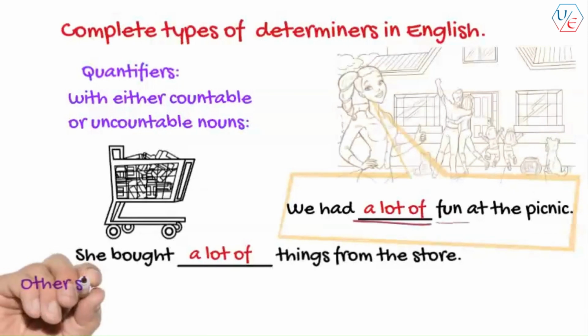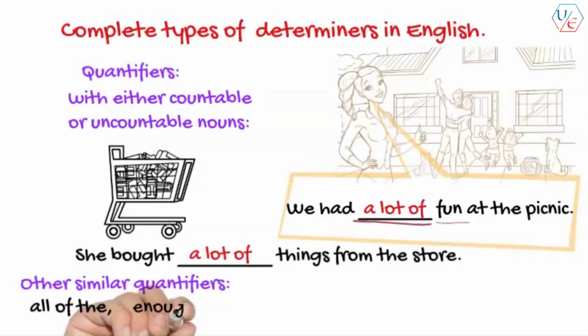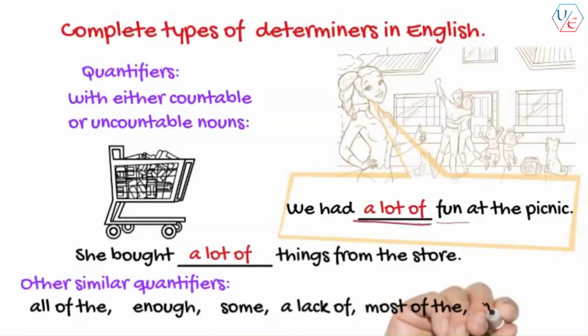Other examples of quantifiers that can be used with either countable or uncountable nouns are all of the, enough, some, a lack of, most of the, and no.